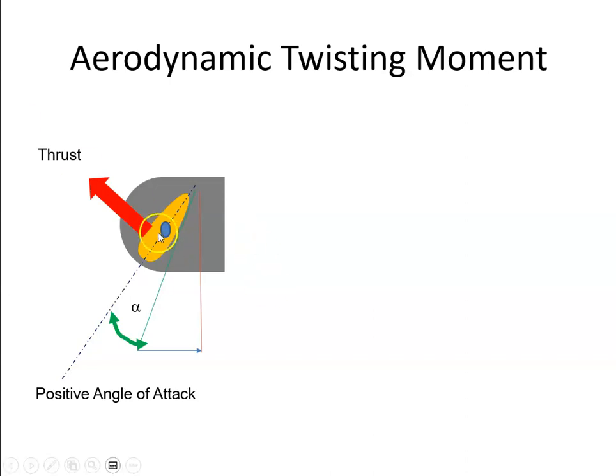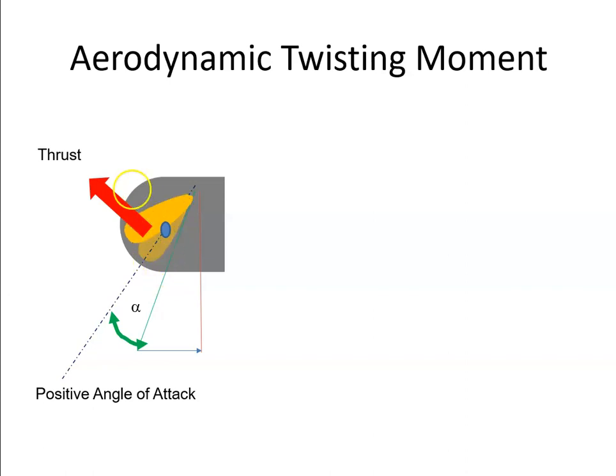Now, the center of pressure on an airfoil is generally forward of the CG. So we have this thrust vector acting at this distance from the CG. And that's going to cause the propeller to want to move to a more coarse angle, or a bigger blade angle.